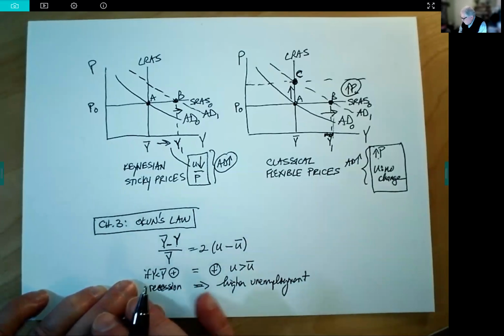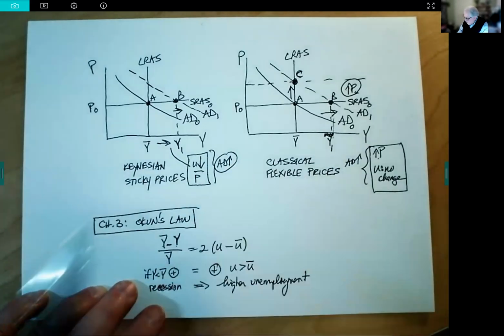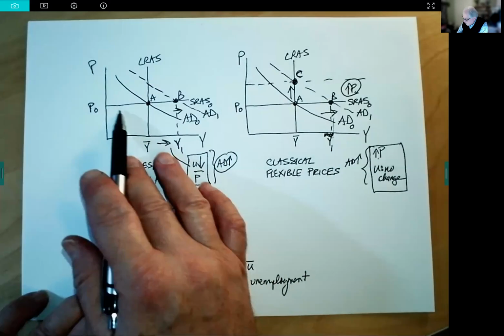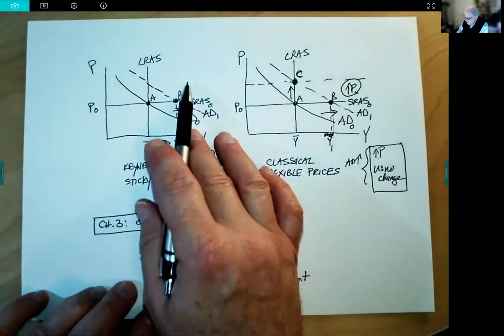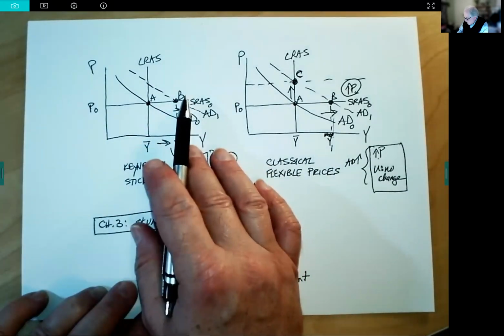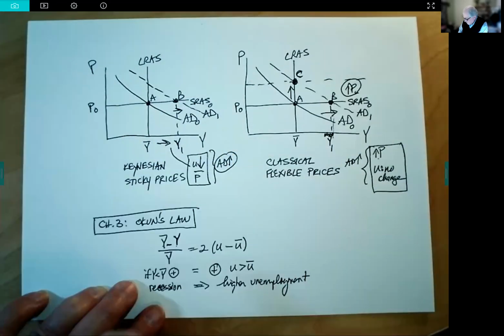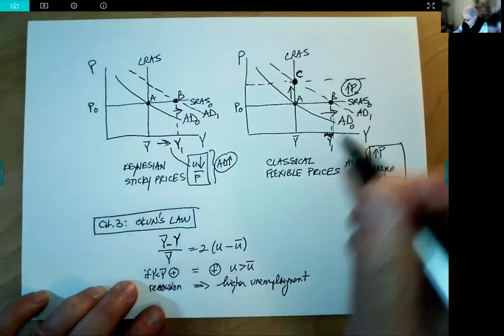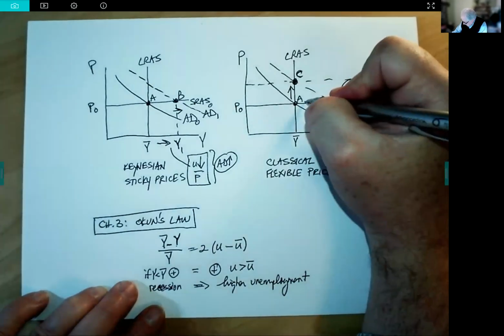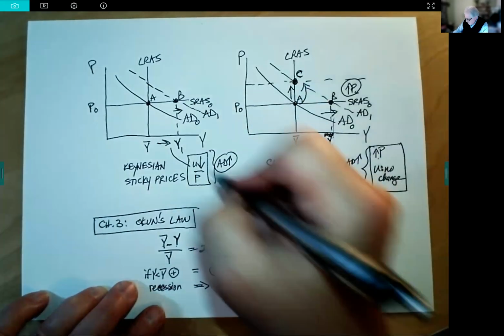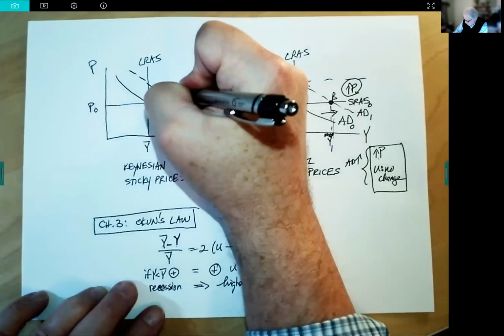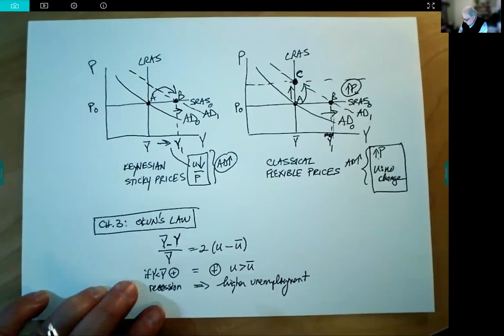We get both. In one case, the short-run aggregate supply curve is horizontal and doesn't change. Prices are sticky, or at least not for a long time. In the classical model, prices change very quickly, and so we go from A to C. Here we go from A to B.